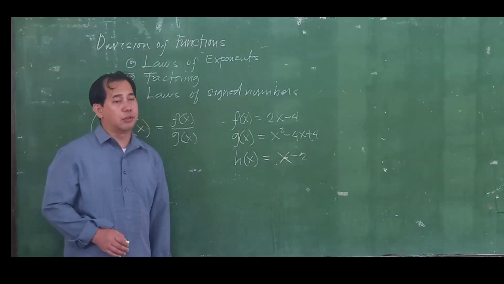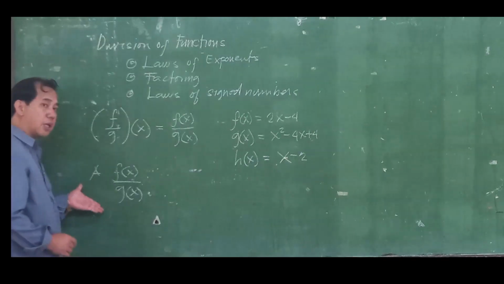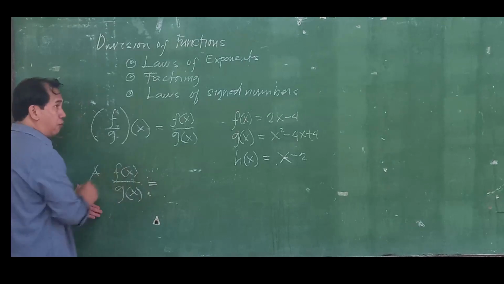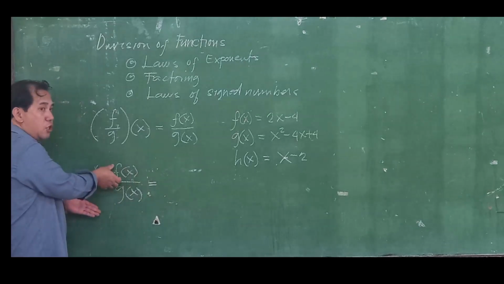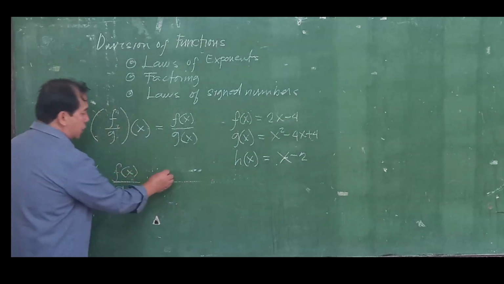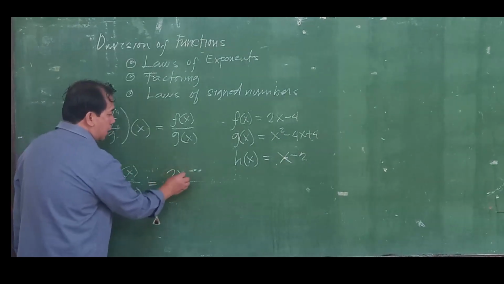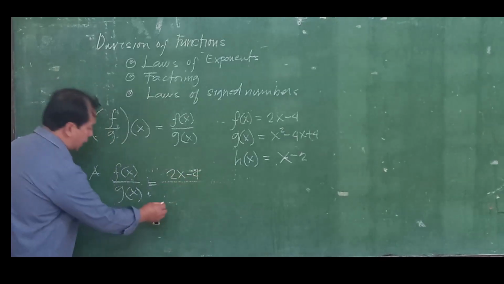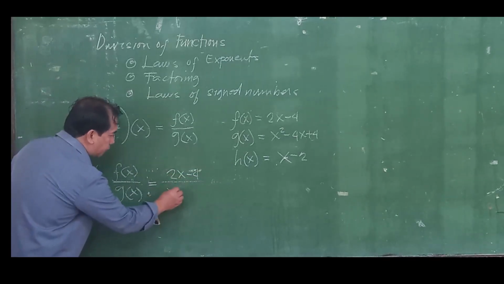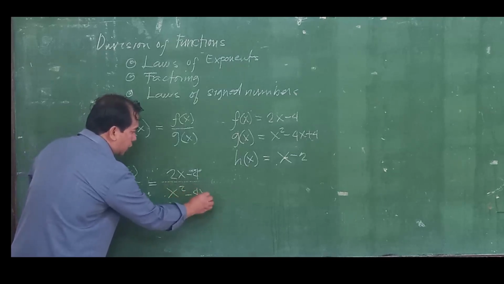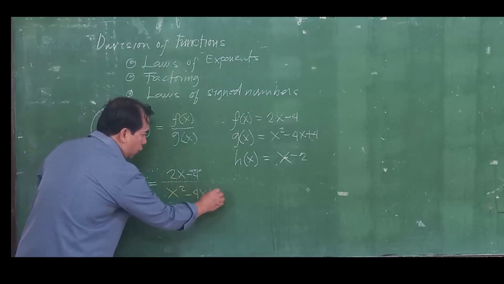Now, how are we going to divide? So having said this, okay, how do we divide these two functions? Meaning to say, we get its definition. What is the definition of that? That is the same as 2x minus 4. How about in here? That is the same as x raised to 2 minus 4x plus 4.